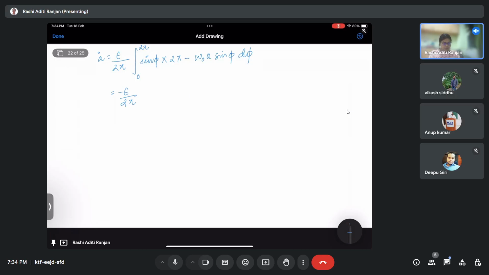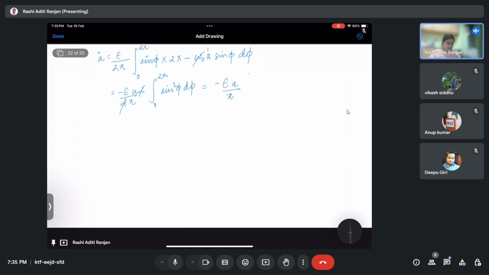Minus, we'll take out omega naught, which is 1. We'll take a out. We'll take 2 out. So it will be nothing but the integration of sine square phi d phi. So we can write it as 2 cancelled, we have minus of epsilon a by pi.